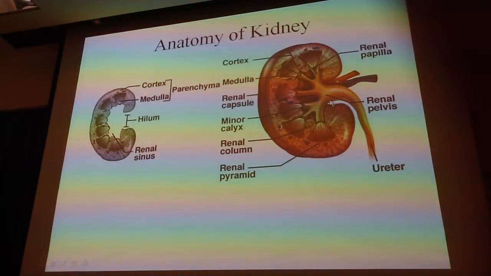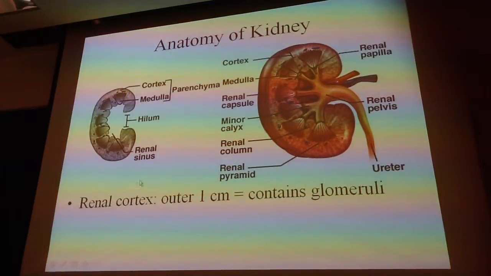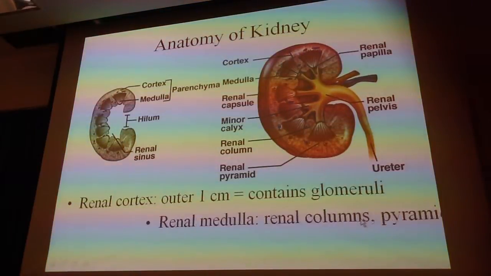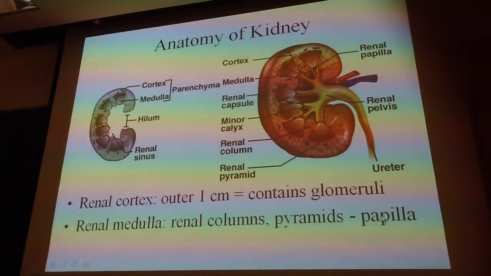When you have this indentation where blood vessels, nerves, and stuff come in and out, that's usually what the hilum is. Okay? So far so good. Y'all remember this from your anatomy and physiology? Okay. And like we said, the cortex contains the glomeruli, and the collecting system and everything is normally in the renal pyramids.